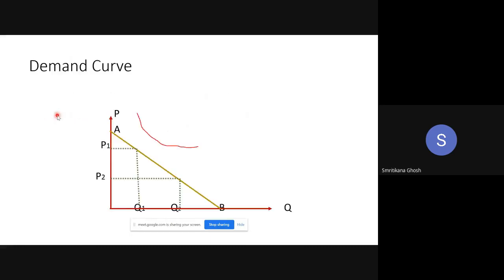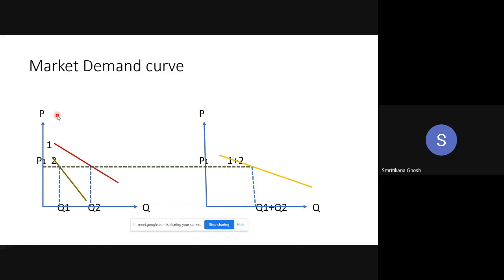Generally, Q should be here and P should be here, but the economists are drawing it like this. This is the only case where the dependent variable is on the horizontal axis. No other diagram is like this.